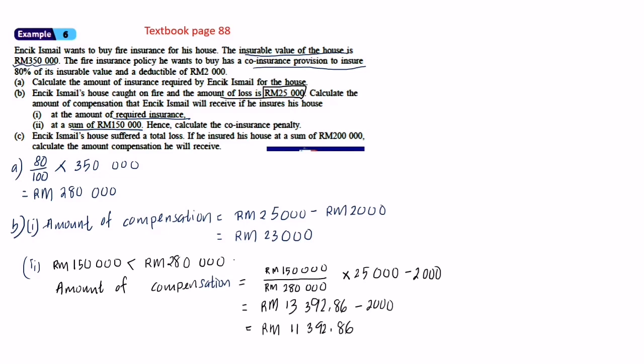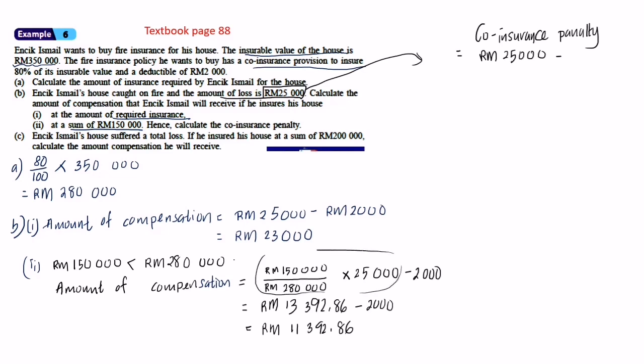Okay, so now the co-insurance penalty is the amount that he claimed here, RM 25,000, minus this one, 13,392 ringgit 86 cent.